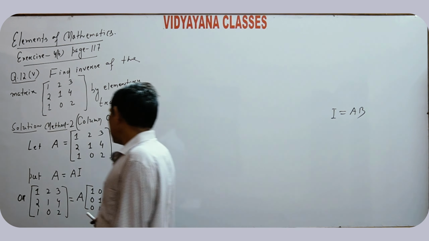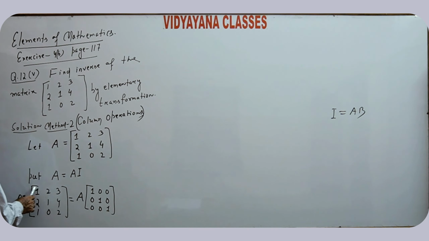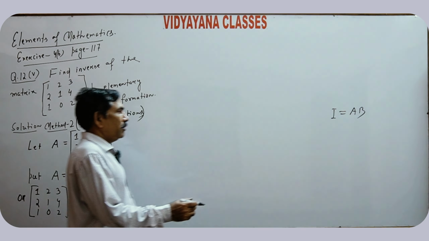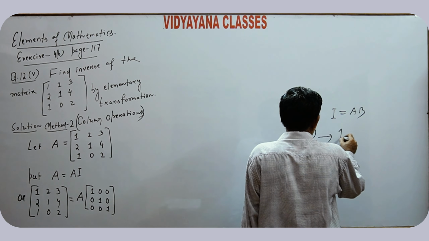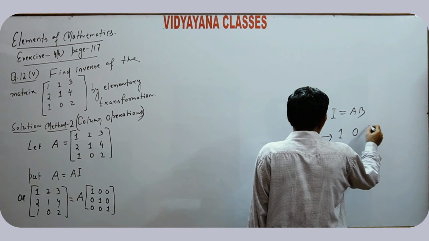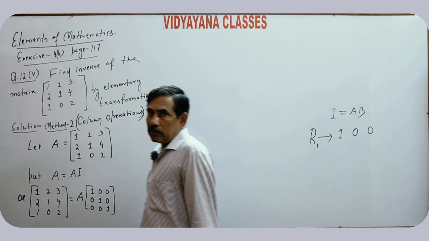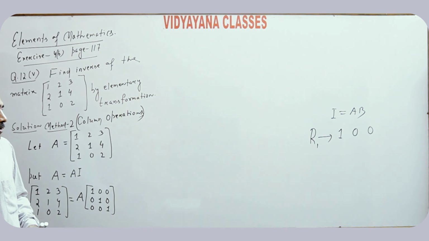Now we will change the elements of row 1 to 1, 0 and 0 using column operations.